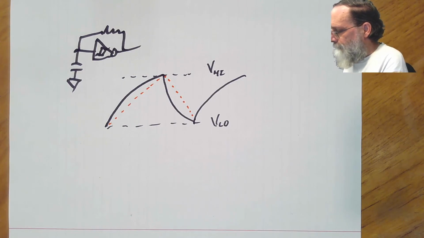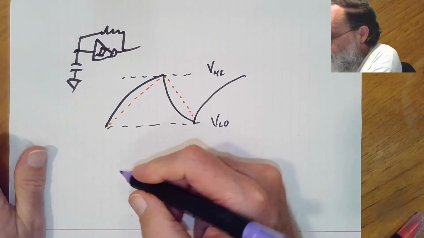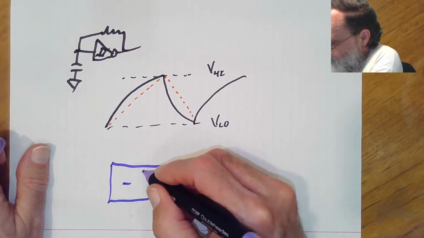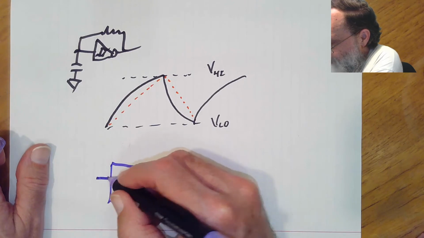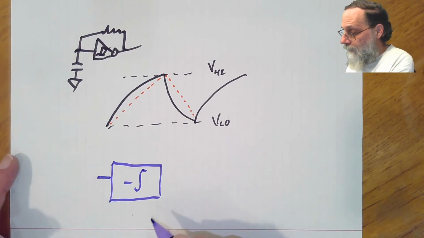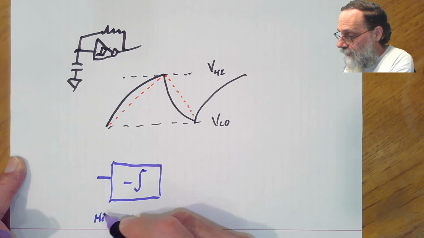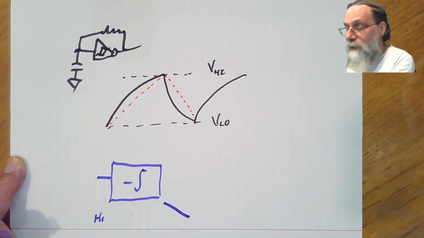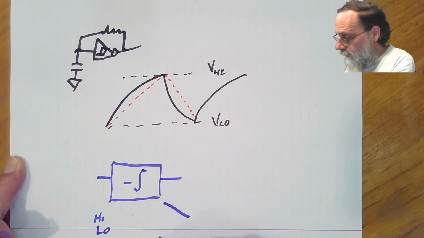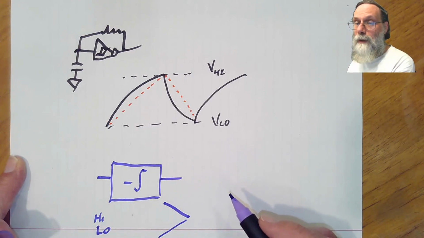If we take an integrator, and we have an input here which is either high or low, then if this is high, we'll end up with the voltage dropping at the output, and if it's low, we'll end up with the voltage rising at the output.